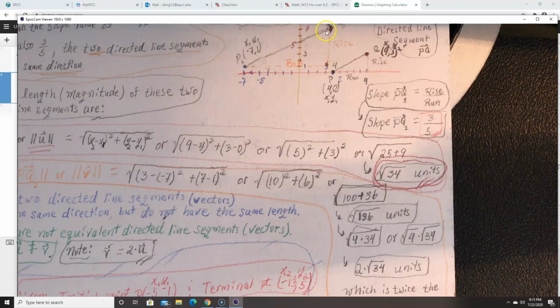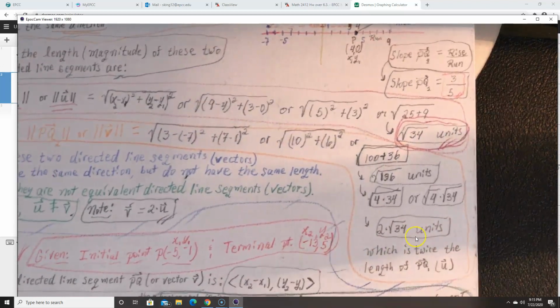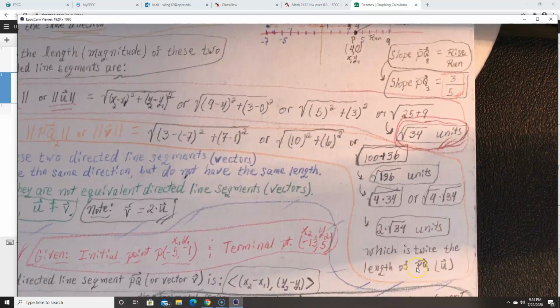I'm blaming my camera. But it's a freehand drawing, so it's not going to be right. But it is twice as long as this one. So the magnitude of the second vector is twice the length of the first directed line segment PQ1, or we say vector U.